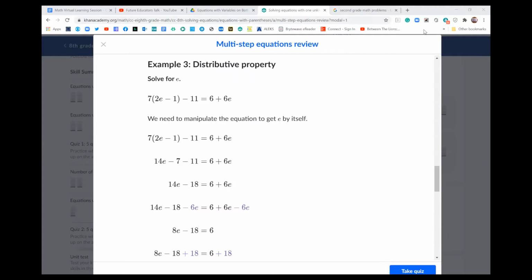I told you guys I was going to give you some notes the next time we were on for the distributive property, and I never did. Well, actually, it was supposed to be today. I do have it.